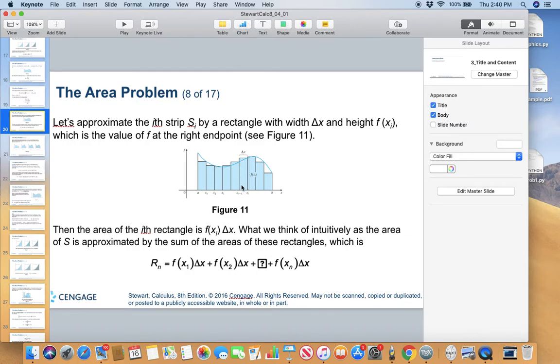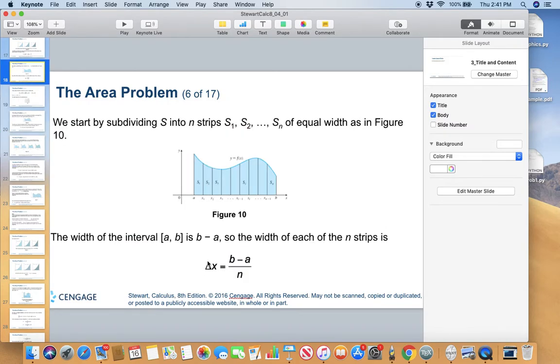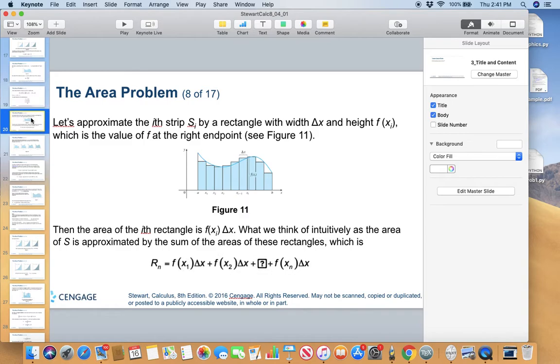The area of this ith rectangle is its width times its height. Height is f(xi), the value of the curve at the number xi, and the width is delta x. If you have forgotten what the width was, it's the entire length over n. So every rectangle has the same width, (b minus a) over n. So what is Rn? It is the sum of the areas of these rectangles.